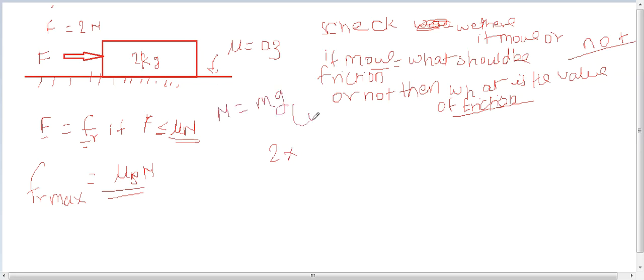Think about why, by drawing it. You should do it by yourself. This is a necessary step: N is equal to mg.